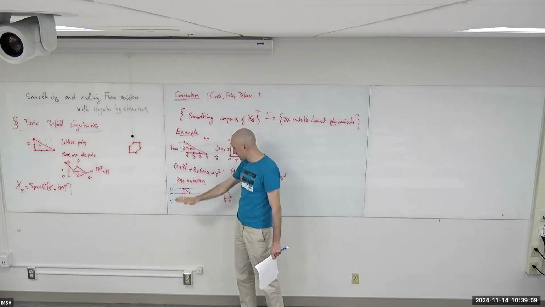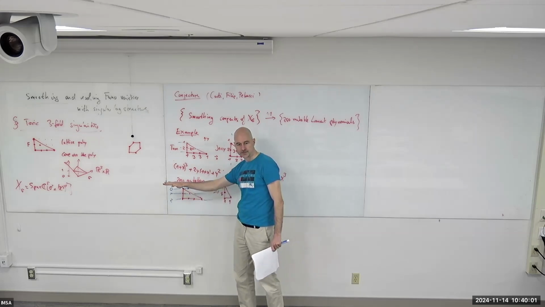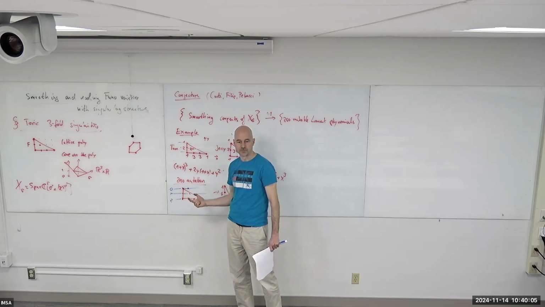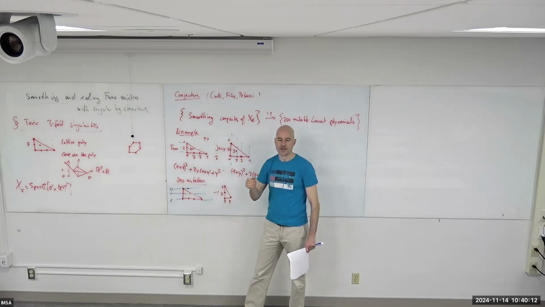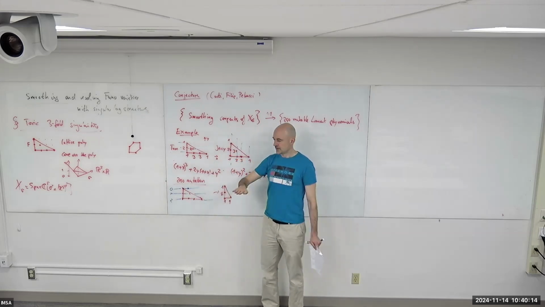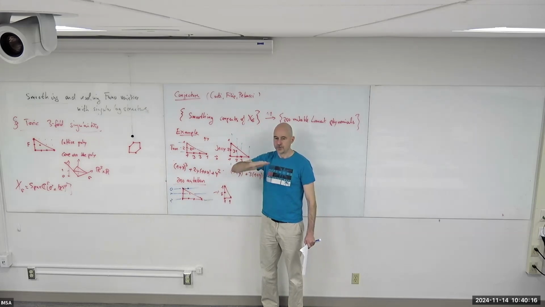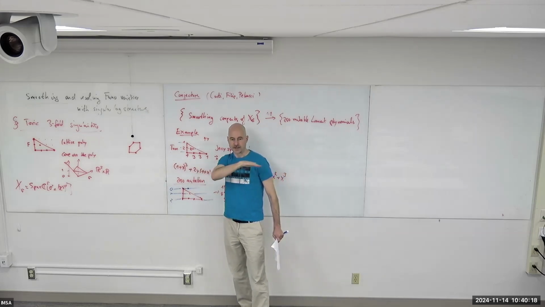In high dimensions, you have slices which are two-dimensional planes, and you can now mutate with other things. You don't have to mutate with a binomial. You could, but you can also mutate with a polynomial of higher degree. So mutation generally is an operation where you have a Laurent polynomial which lives on that slice that you mutate with.